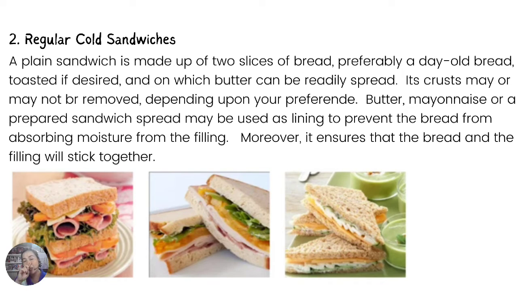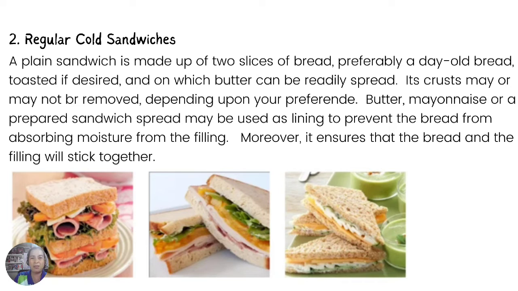Depende sa gusto ninyo. Then, butter, mayonnaise, or prepared sandwich spread may be used as lining to prevent the bread from absorbing moisture from the filling. Moreover, it ensures that the bread and the filling will stick together. Basically, ayan talaga yung purpose ng butter or mayonnaise. As we all know, butter and mayonnaise are the moistening agent, or what we call the spread.